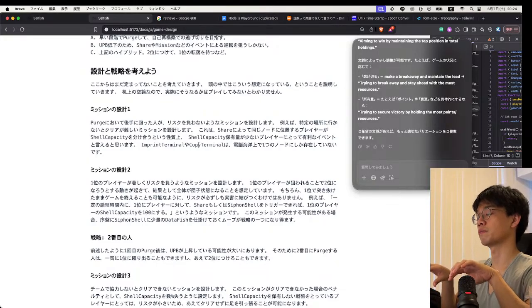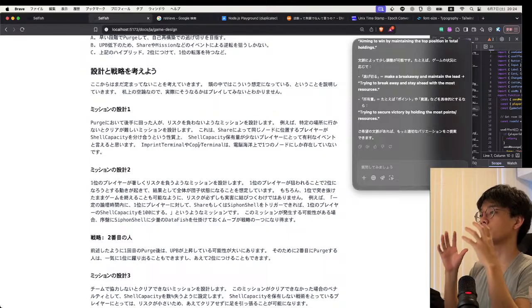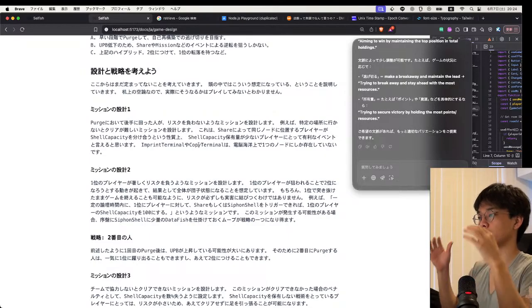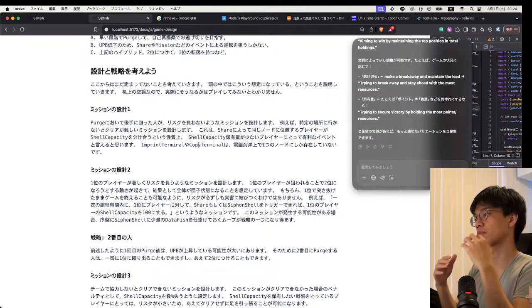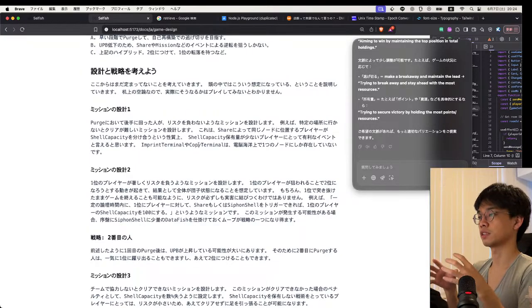So the player who has a lot of share capacity has a risk, because they need to give share capacity to another player.